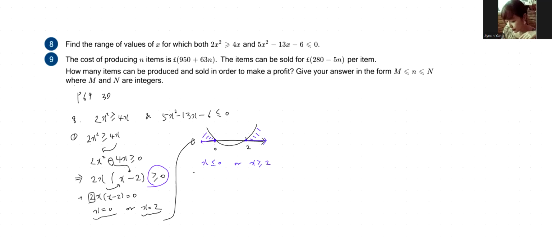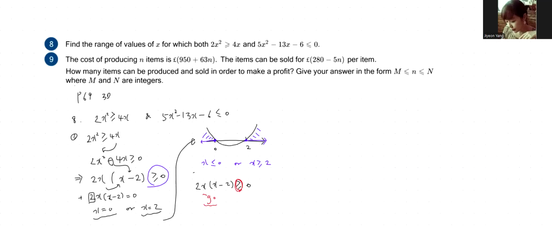But sometimes we don't have much time to solve this simple inequality by drawing a graph all the time. So I told you, 2x times (x minus 2) is greater than or equal to 0. If the inequality direction is greater than or equal to, then it is the outer part of the number line.